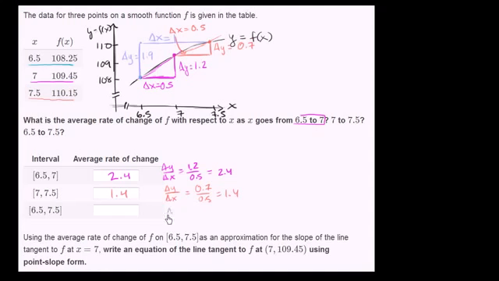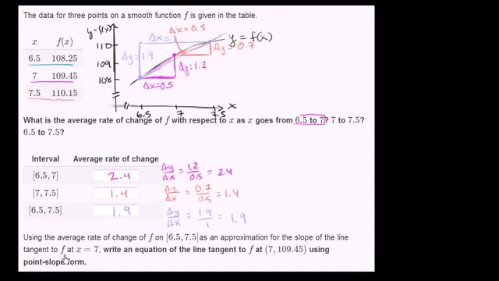So our change in y over change in x is equal to 1.9 over 1, which is equal to 1.9. Fair enough. And that's the slope of this secant line between this point and this point right over here. It looks something like that. And you see that it's slightly less steep than the magenta secant, and it's slightly more steep than the orange secant. It's kind of in between the two.